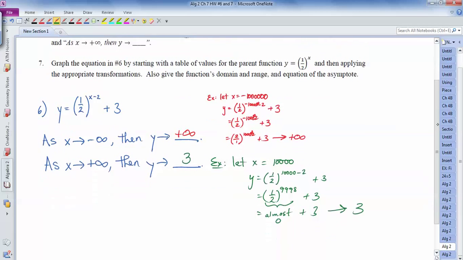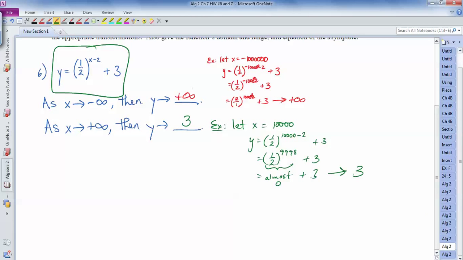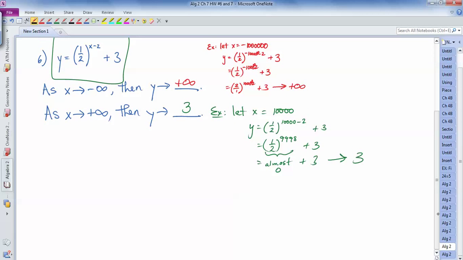Okay. So then let's look at 7. 7, we're trying to graph the thing from 6. Okay, so let me recopy that one down here. So 7, we're trying to graph y equals 1/2 to the x minus 2 plus 3.